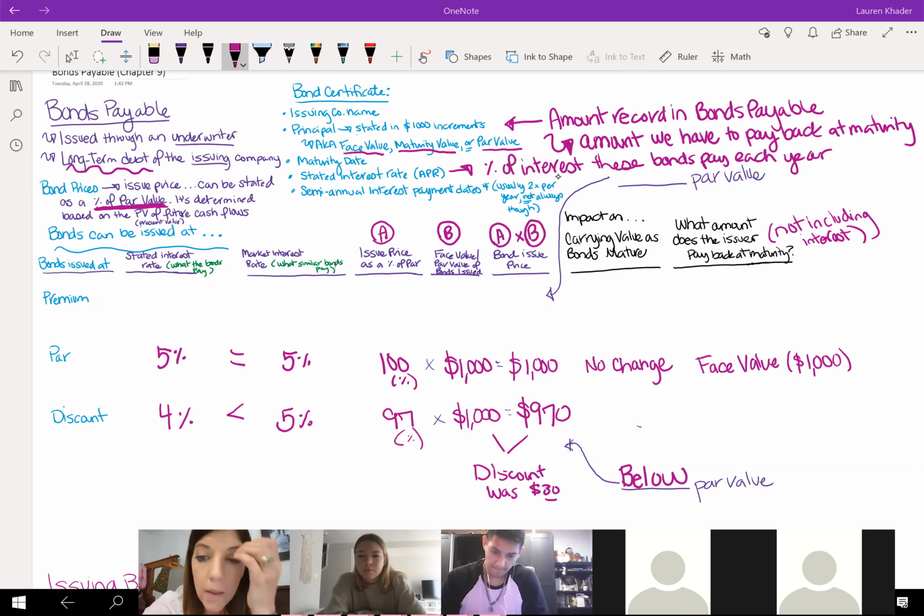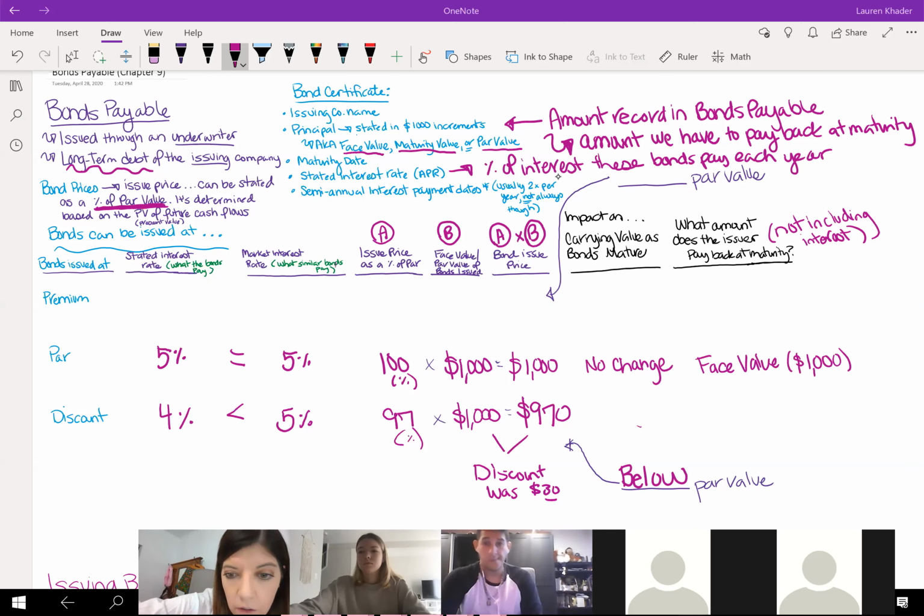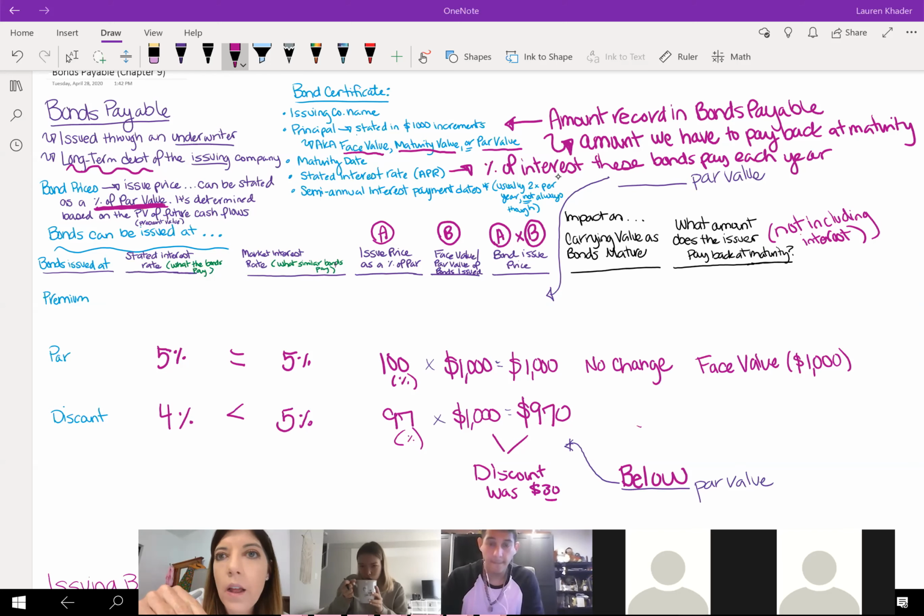Now, the impact on the carrying value as bonds mature. As we're reaching towards maturity, we have a discounted bond. We received less cash, so our carrying value initially is the 970, but at maturity, we're going to have to pay back face value regardless.